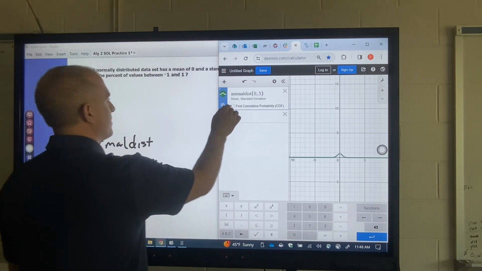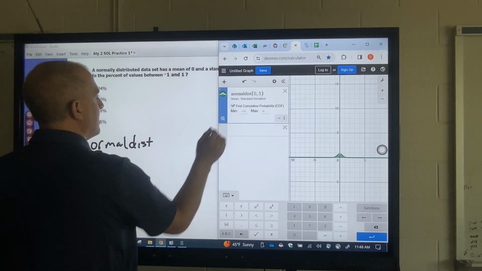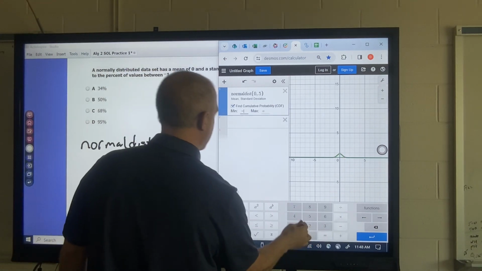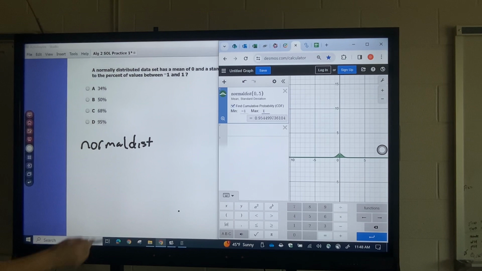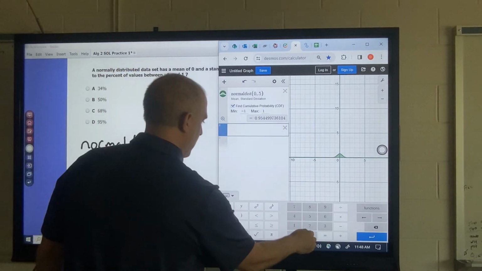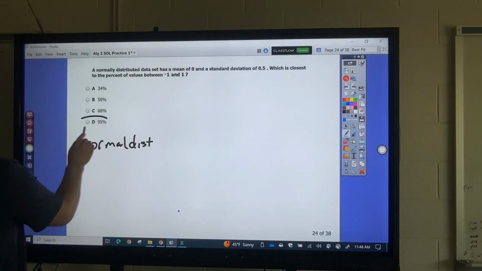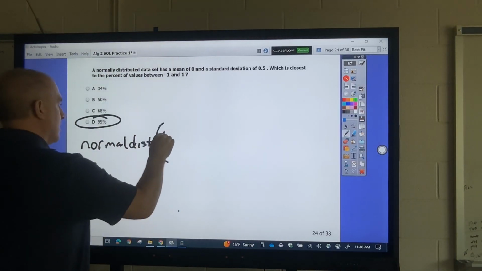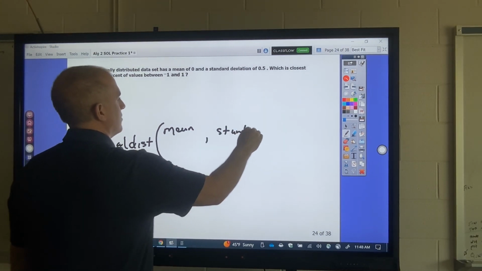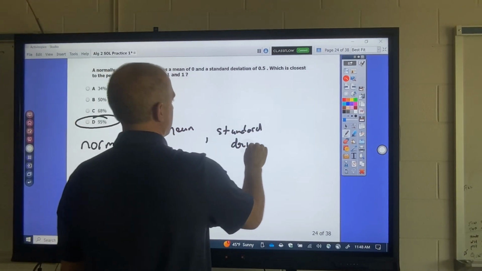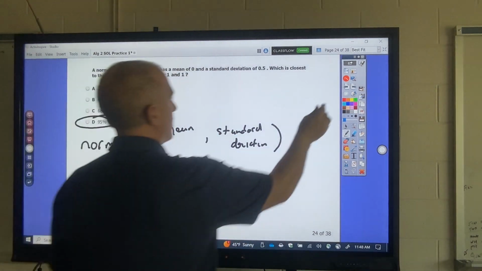And what I want to do is find the probability, so I select that, between negative 1 and 1. 95.44. So if I multiply that by 100, that gives me this percentage. So normal dist, put your mean, put your standard deviation.